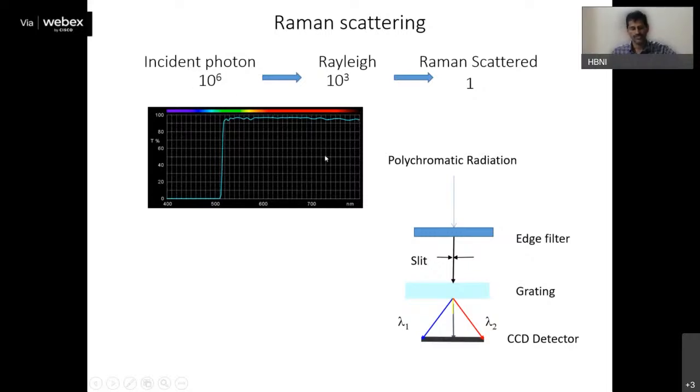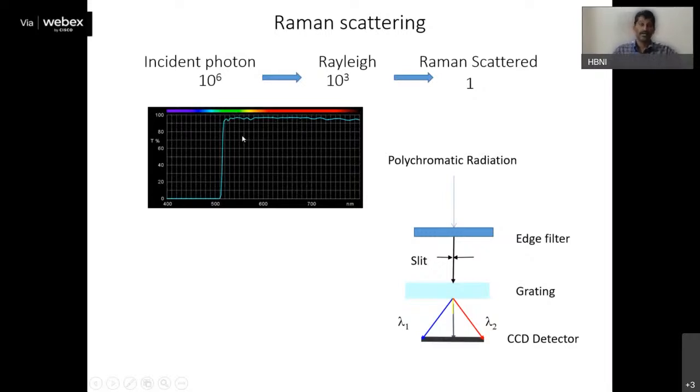For that one uses either an edge filter or a notch filter, which has a rejection power of around 10 to the power 6 at the laser wavelength, and transmission close to 90% just close to the laser line.